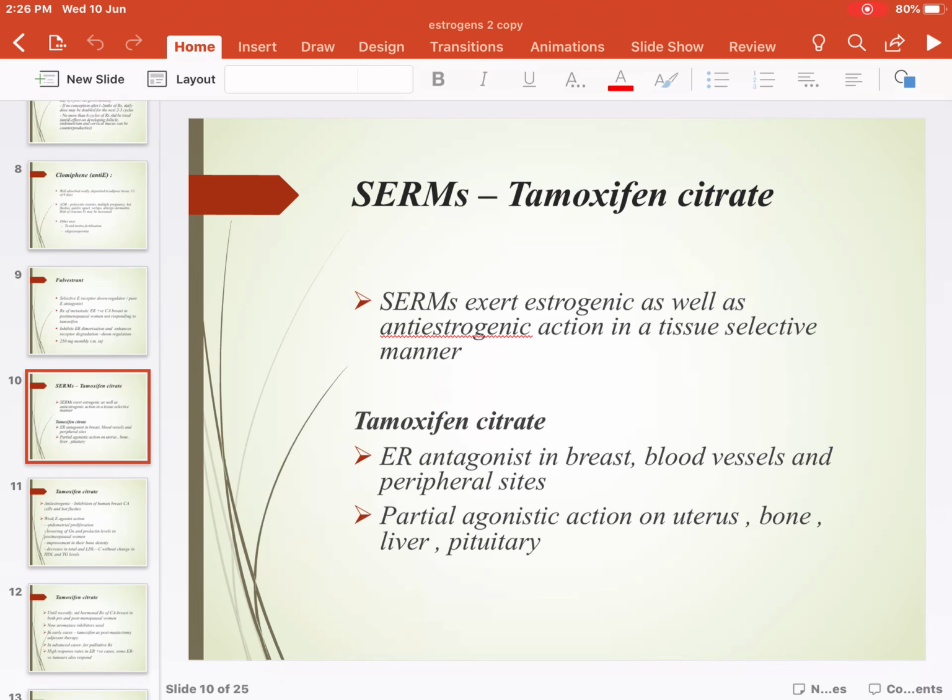Means in the uterus, endometrial proliferation is going to be there. In the bone there is not going to be any bone loss. In the pituitary also it's not going to cause any changes in the GnRH, gonadotropin releasing hormone. But it is going to act as an antagonist at the breast. So the main use of tamoxifen is going to be in treatment of carcinoma breast.